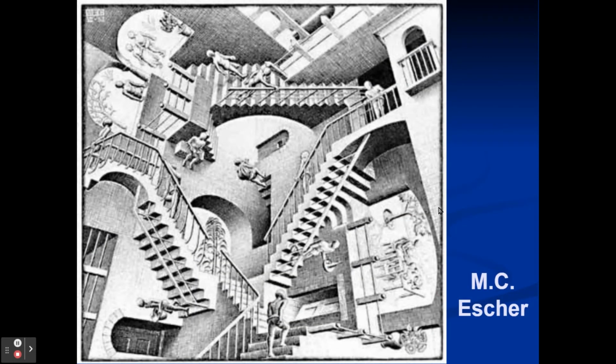So artists have been having fun with perspective for a long time. This artist is M.C. Escher, and he plays with three-point perspective. When you take a minute to look at the picture, you'll start to see that you have people climbing stairs, and sometimes they look like they're going downstairs, but depending on the angle that you look at the picture, they're all going up or down a stair.